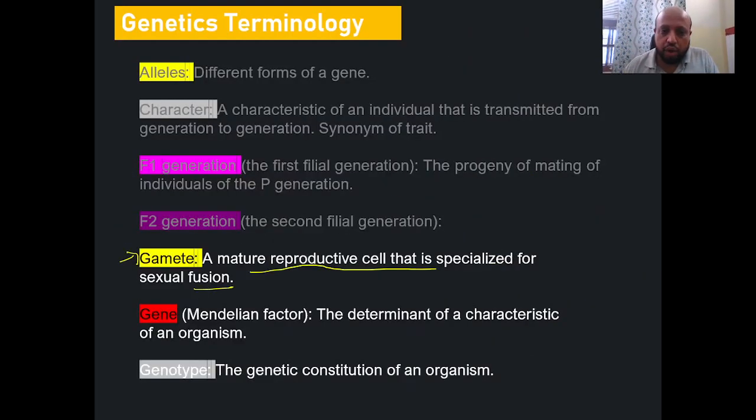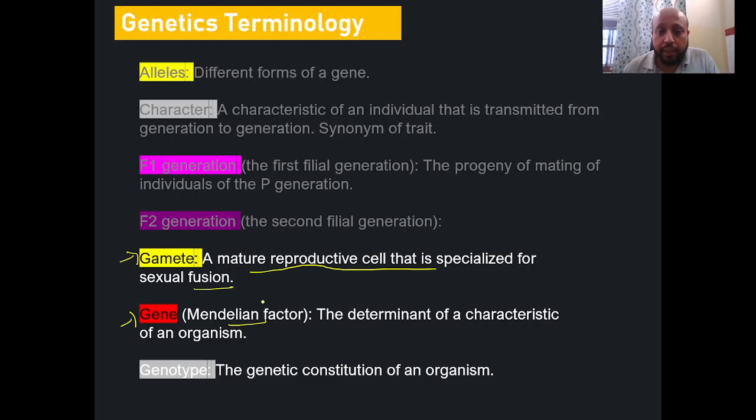The next terminology, which we have already defined, is gene. For Mendelian genetics, it is also called Mendelian factors. He named those factors because at the time of Mendel, he was not aware of the concept of gene or DNA.